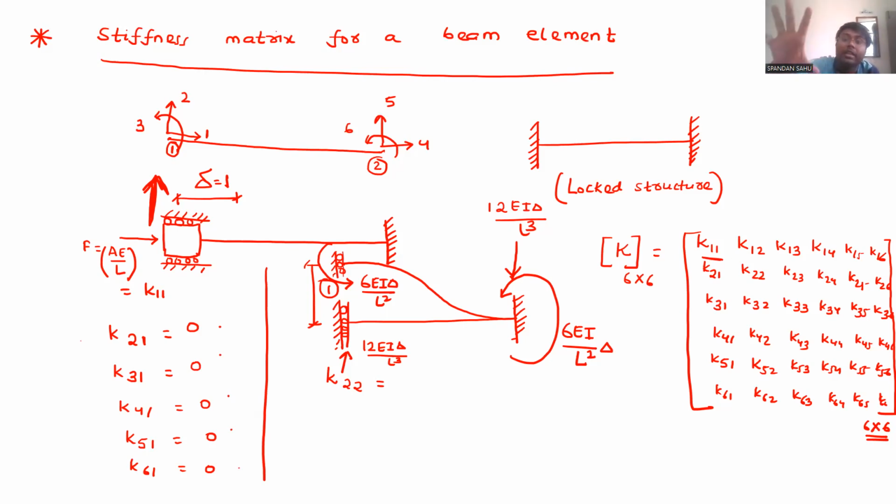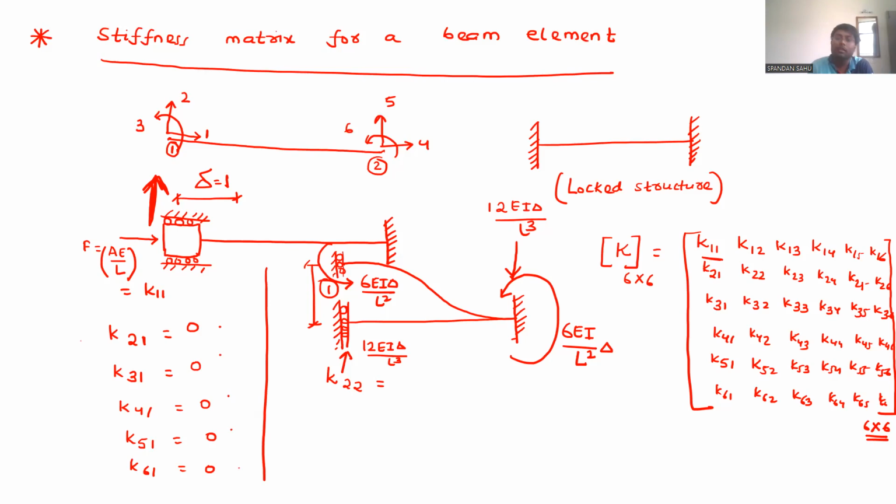How much net moment is there which is not balanced? 12EI delta by L square. So that much amount needs to be balanced by these two couples, two forces creating a couple separated by the span length.